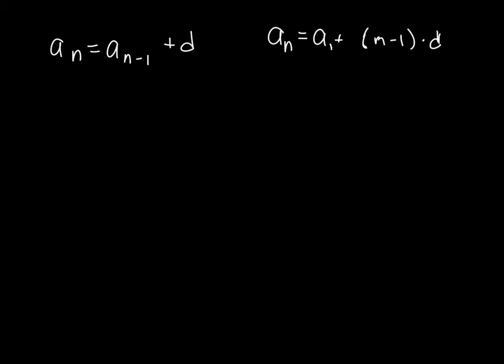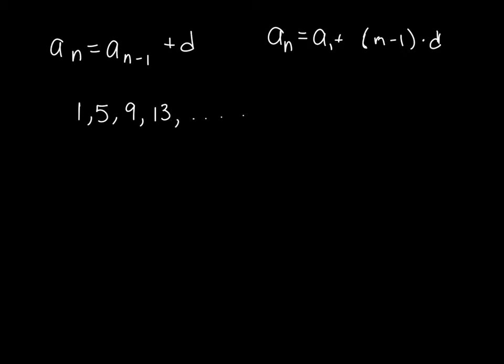All right, so I wrote the formula for the explicit and the recursive rule at the top. Remember, whenever you see n minus 1, that will always be recursive, and whenever you have an n in the question, that will always be your explicit rule. So I'm going to look at a couple of different sequences that we had before, 1, 5, 9, and 13.